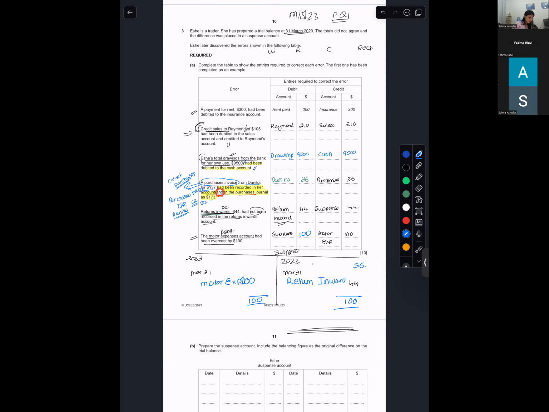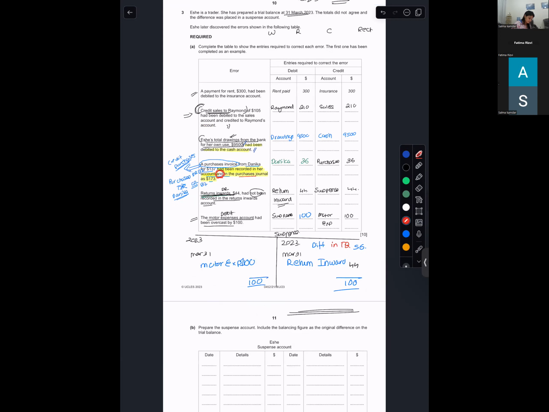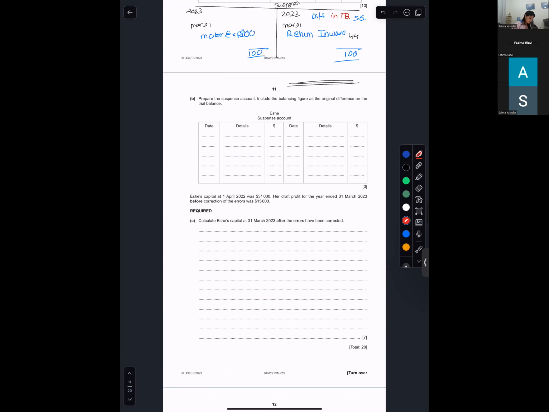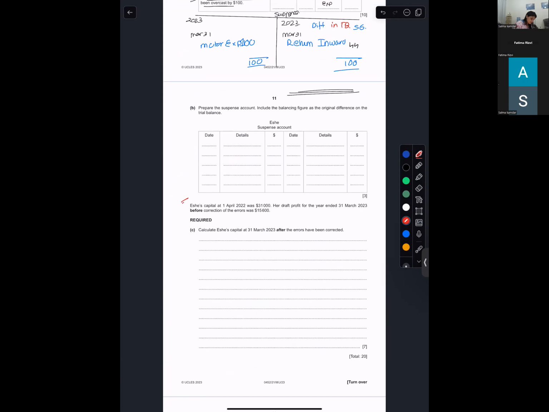On the first line, okay? Are you with me? Yes. What is the other thing that they've asked you to calculate? Trial balance.